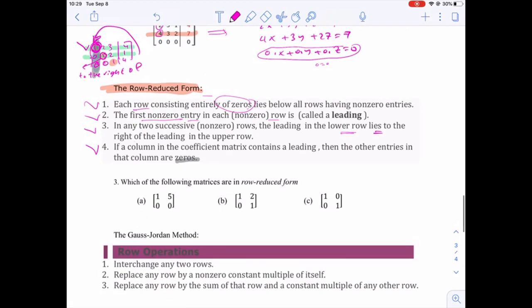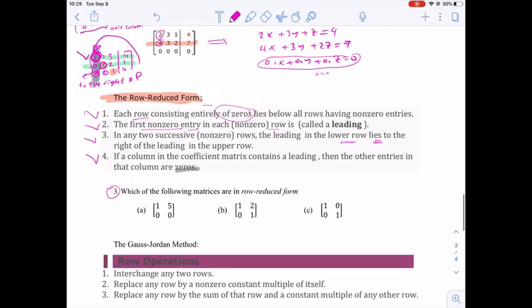Let's look at the following example. What about matrix A? Is it written in row reduced form? Actually, these matrices are not written in the augmented form, but that's fine. Now, what about the first one? Let's look at the conditions. If we have a row that consists entirely of zeros, it will be at the bottom, and that's satisfied.